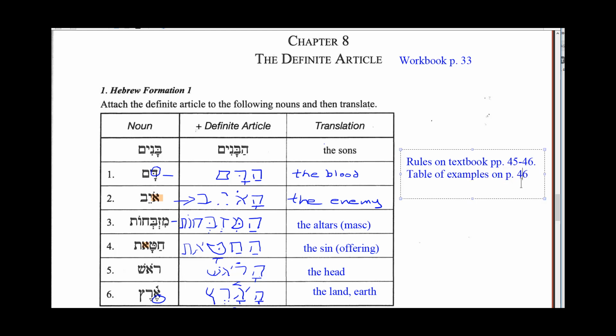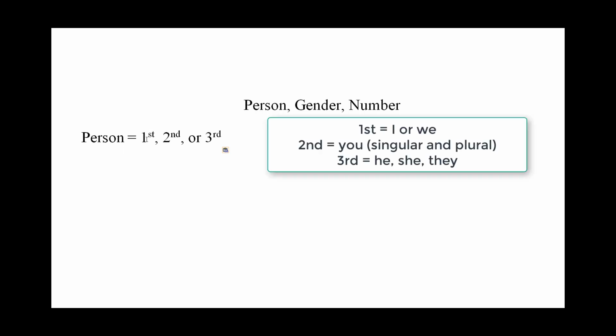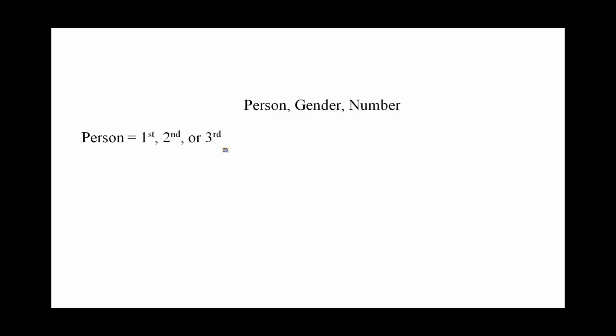Let's move on and look at some verbs, but first I want to make some basic definitions about person, gender, and number. So briefly, when we talk about verbs, we talk about person, gender, and number. So person will be first, second, or third. So first would be I or we, second would be you, third would be he, she, they. Then we talk about gender.